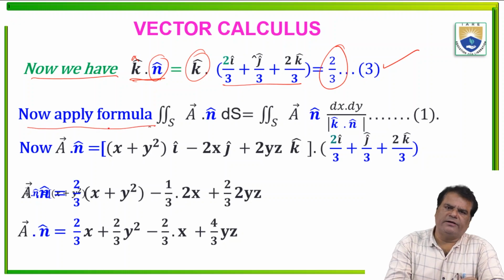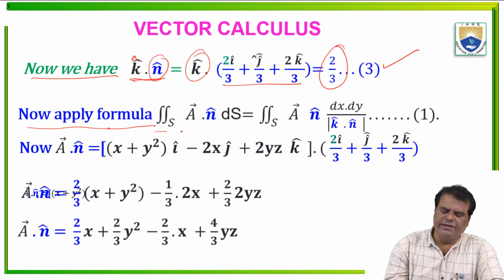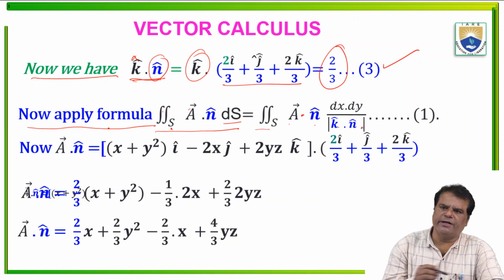Now apply the formula we have discussed, which is given in our question. This is the value of the integral: double integration over the surface of A vector dot n cap vector into ds. This result is equal to double integration of A vector dot n vector, and the value of ds is dx dy upon k dot n.